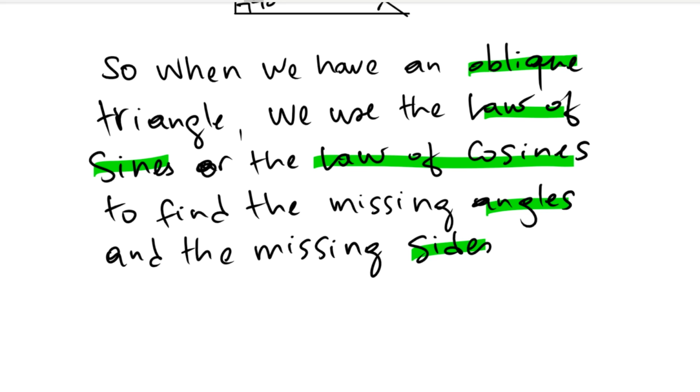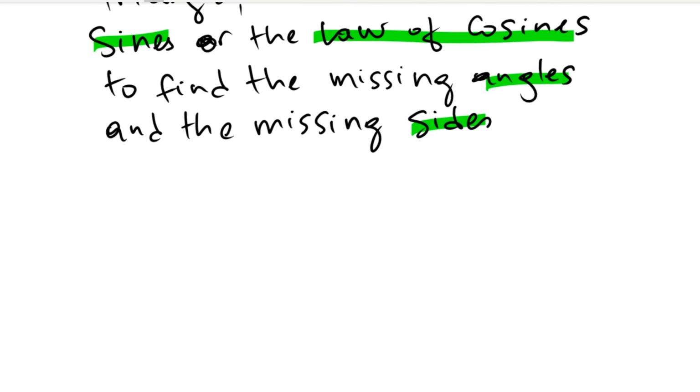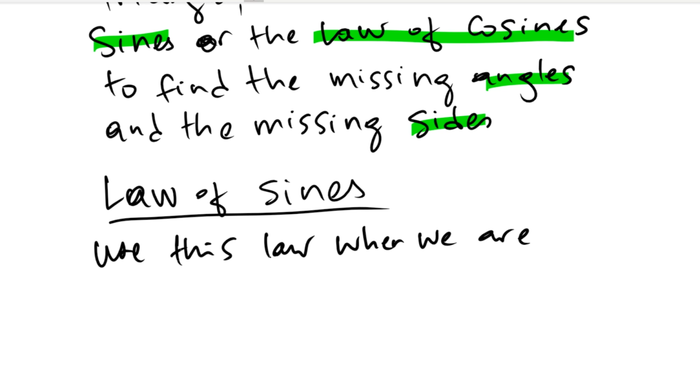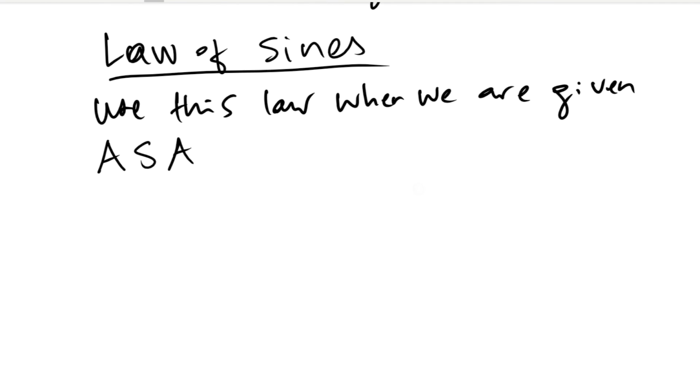Now, many of you may ask, when do we use the law of sines? We use the law of sine when we are given an angle, a side, and an angle. How does it look? Let's say we have a triangle.